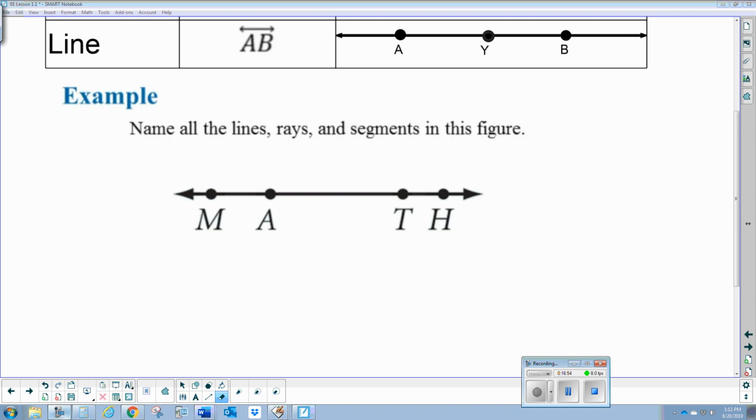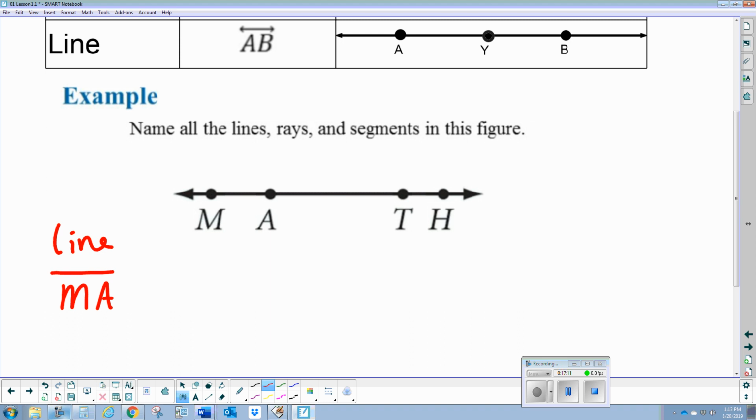In this last example, we're going to look at labeling all lines, rays, and segments in this figure. And the big difference is the markings that you have above the points. Okay, so a line could be MA. Starting here and going forever in that direction.